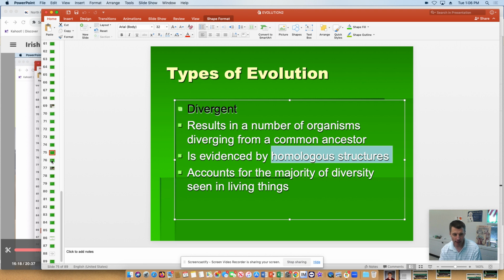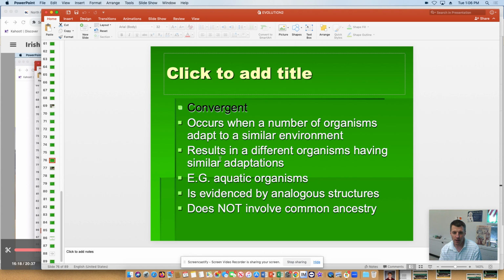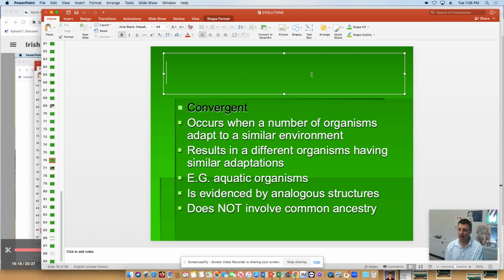On the other hand, organisms can be driven to have convergence. If a particular characteristic is advantageous, these two very disparate species can end up having a trait that's alike.